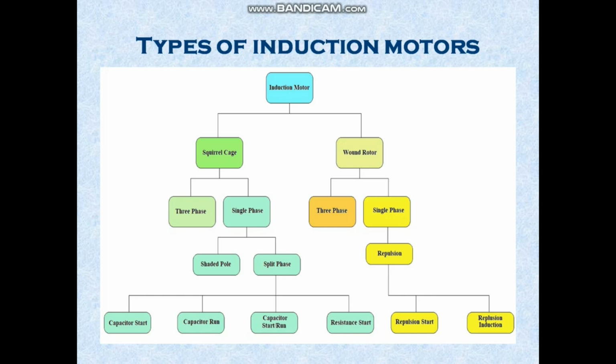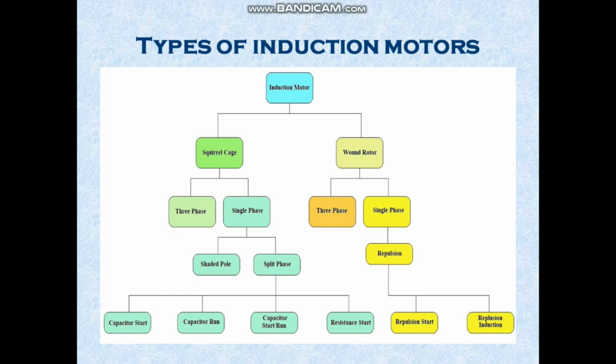The induction motors are broadly classified into two, known as the squirrel cage and the wound rotor motors. Under squirrel cage motors come the three-phase and the single-phase motors. The single-phase motors are further classified as shaded pole and split-phase types.